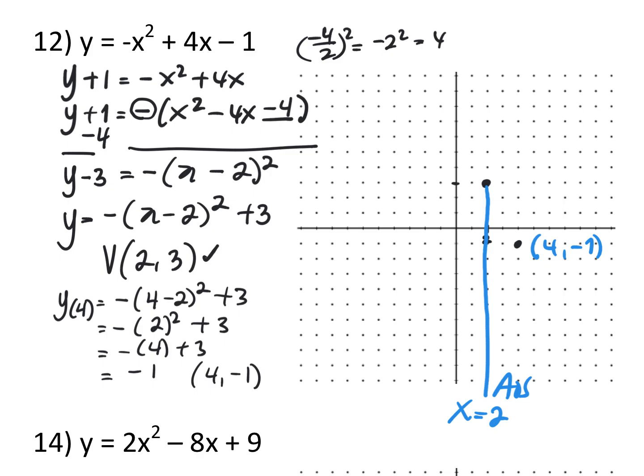And with that point, I can also now reflect on the other side of my parabola, because on the left side, I don't know where to go. But on the right side, from this point of 4, negative 1, there are 2 units to reach the axis of symmetry. So from the axis of symmetry, I'm going to count also 2 units, 1 and 2, and that's going to be my next coordinate in there.